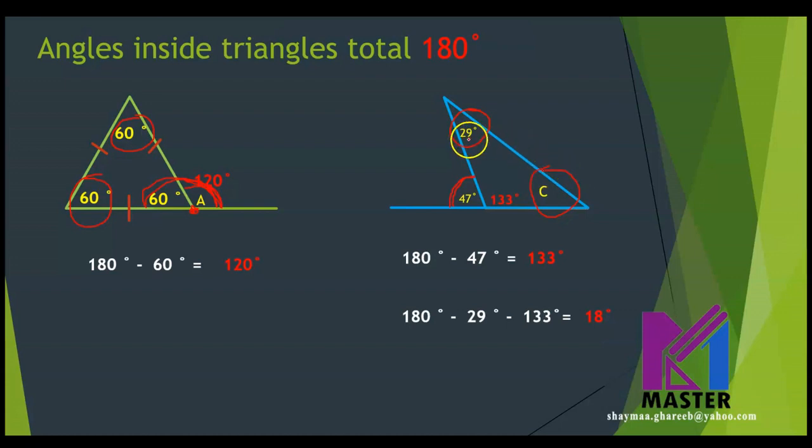So the 29 plus angle C equals 47. So I can just subtract the 29 from the 47. So 47 minus 29 equals 18 degrees. Is this clear?